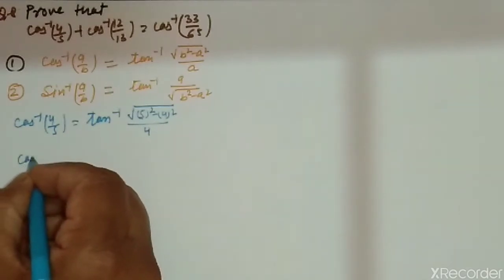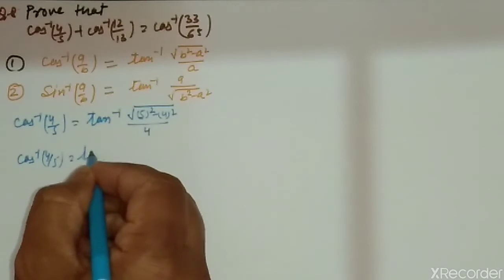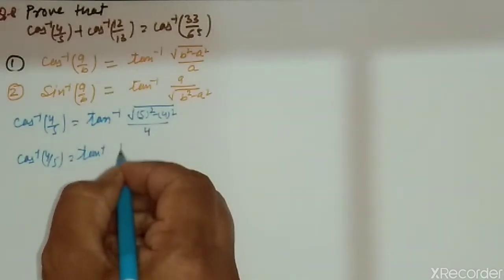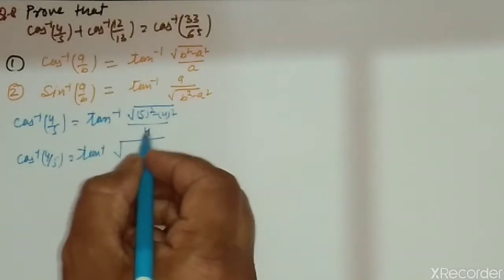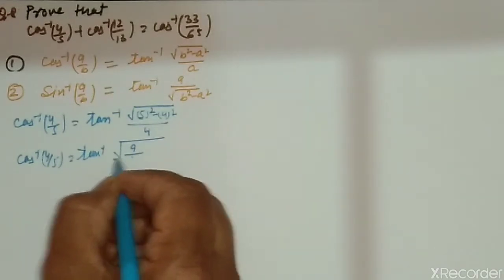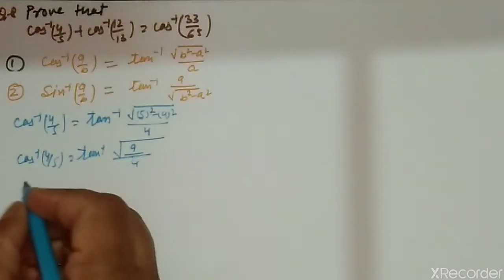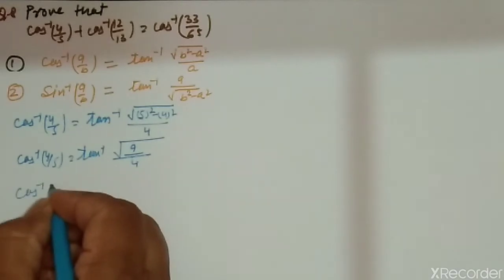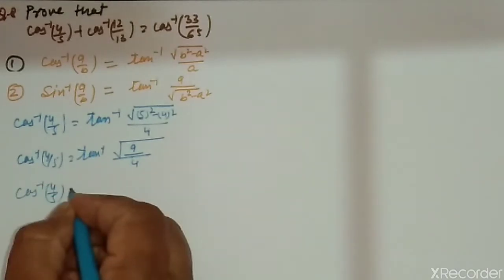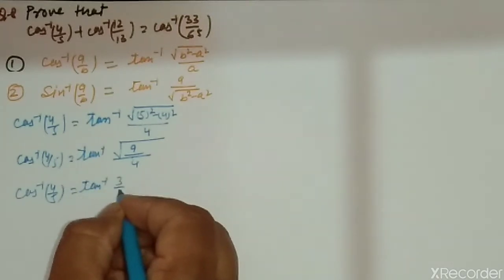So cos inverse 4 upon 5 is equal to tan inverse of under root 25 minus 16, so 9, upon 4. Clear? So we have converted cos inverse 4 upon 5 is equal to tan inverse 3 upon 4.